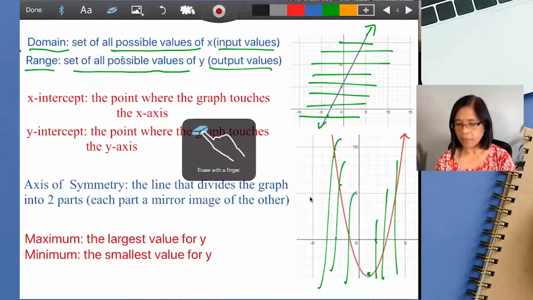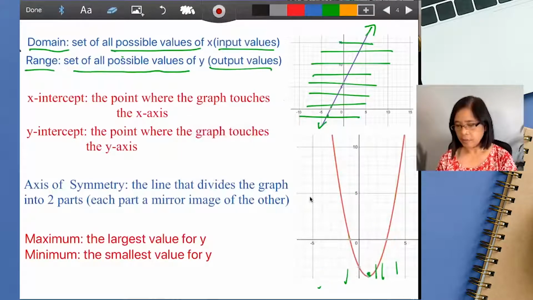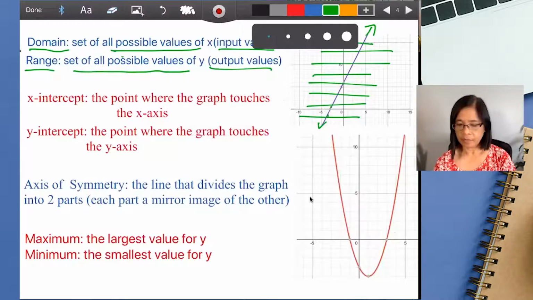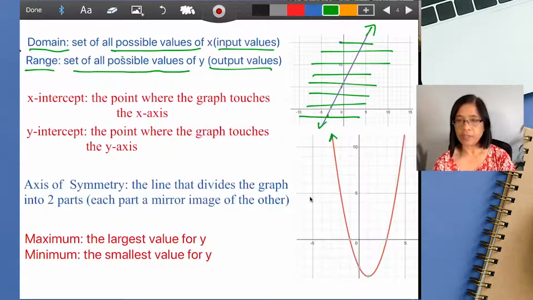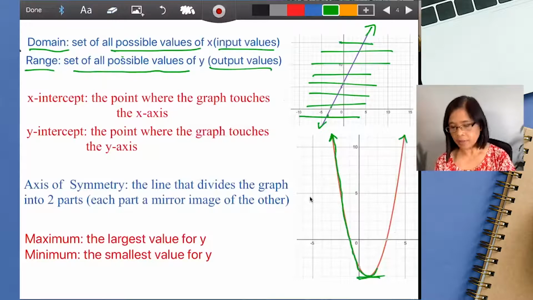And for the y values, notice that this graph starts from negative numbers, or negative infinity if we extend this, and it goes down, and the lowest value for y, or for the range, is at this point. So our range would start from negative infinity up to this value.